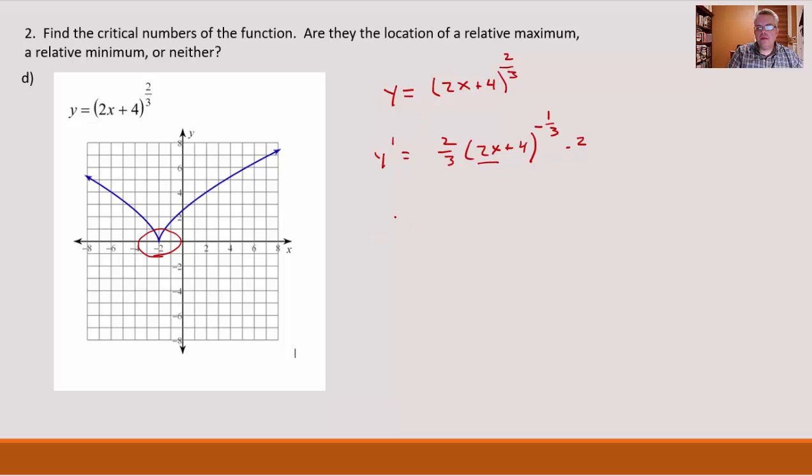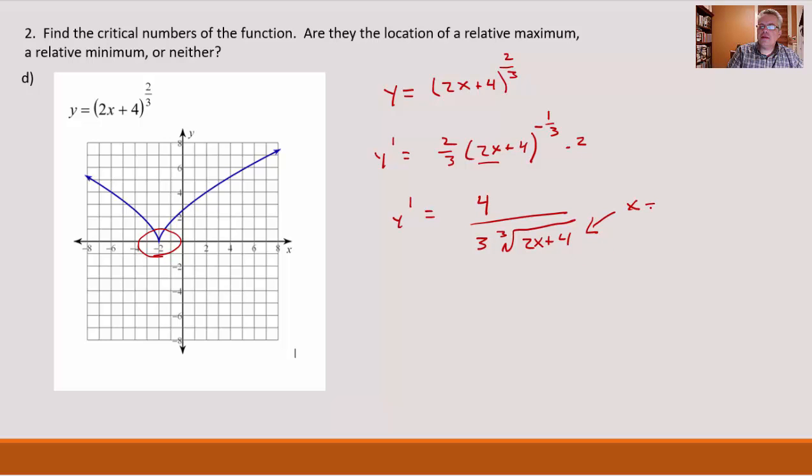So I use the general power rule there. So we get y prime is 2 times 2 is 4. That's going to be in the numerator. In the denominator we have 3, and this guy is going in the denominator as a cube root. Okay, now we know the denominator of a fraction is undefined for values that make the denominator 0.